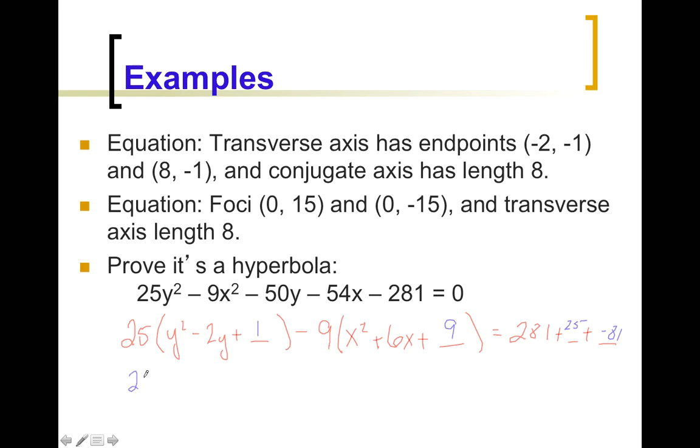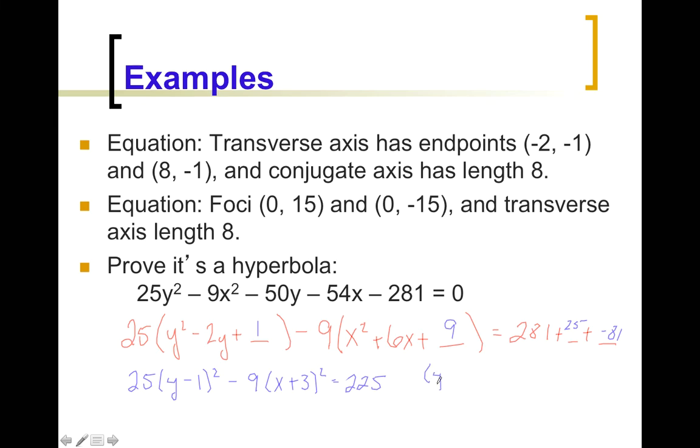So I continue this. I get 25 times y minus 1 squared minus 9 times x plus 3 squared equals, if you added this all up, this becomes 225. Divide by 225, and guess what 9 times 25 is?